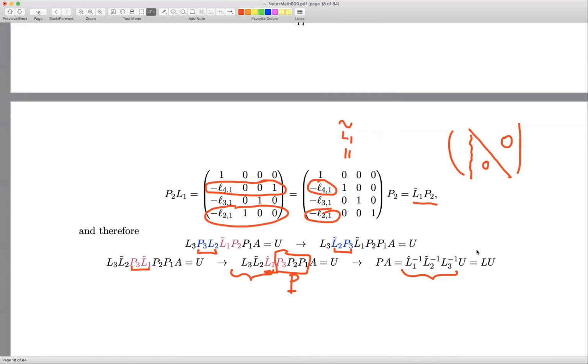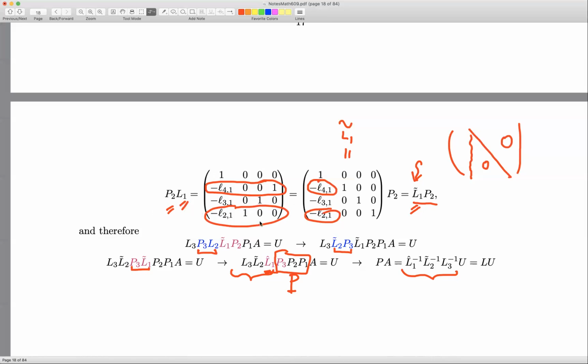The important part that we noted here is that every time we exchange the position of a matrix P with a matrix L, this product will be some other matrix L times the same matrix P. But the important part is that this matrix L will have the same structure as the original matrix that we started with.